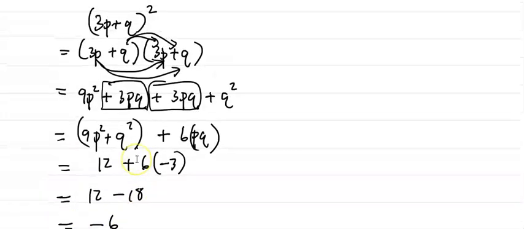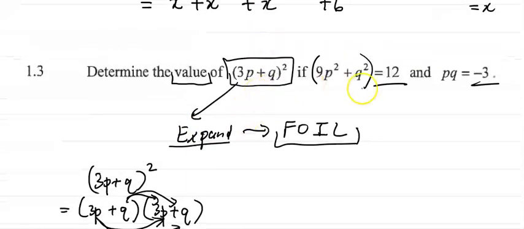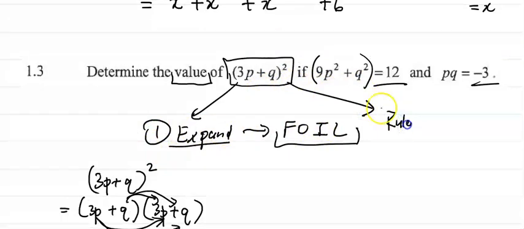Once again, learners, remember that we can use the following method to square a binomial, which is to expand and use the FOIL method. The other method that we can use is to use the rule. So number 2, we can use the rule. What is the rule? Step number 1 would be to square the first term.